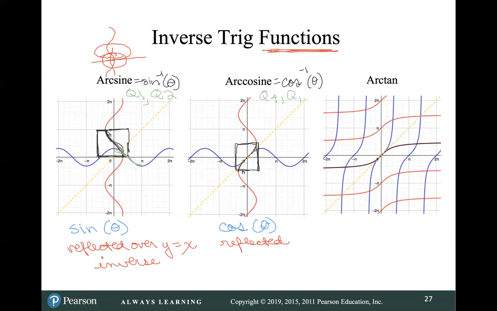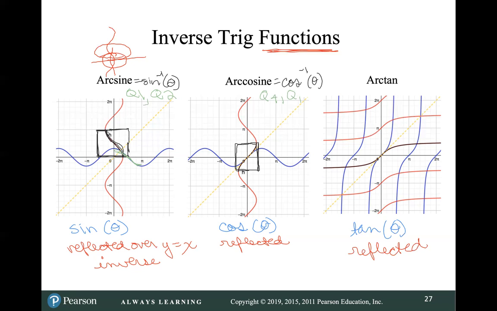And our last one, arctangent. To find arctangent, we would take our graph of tangent, which is in blue, reflect it over the line y equals x, and we get all of those red ones.